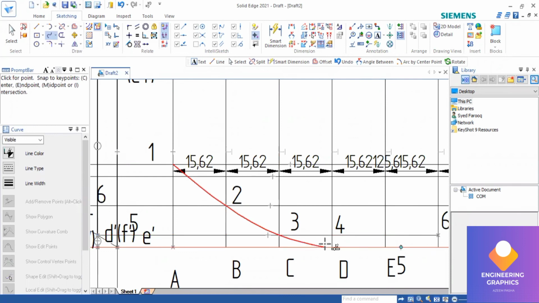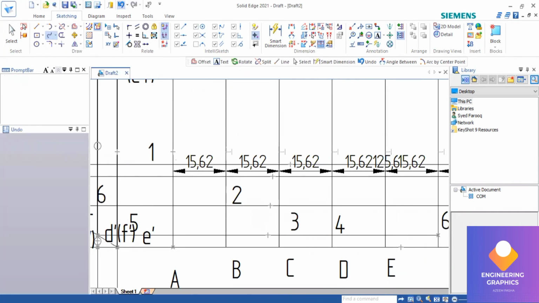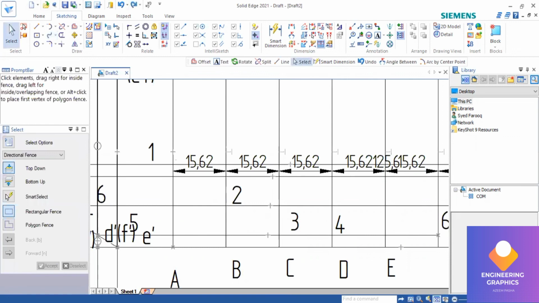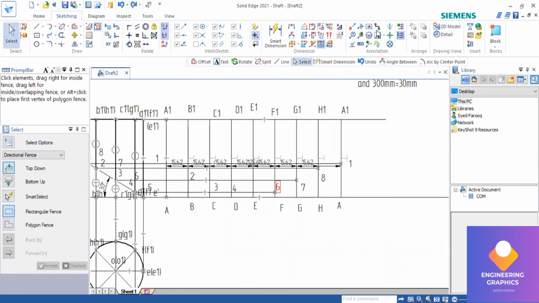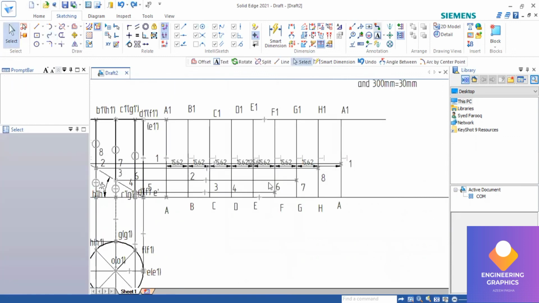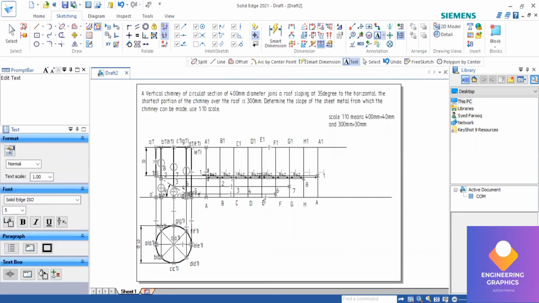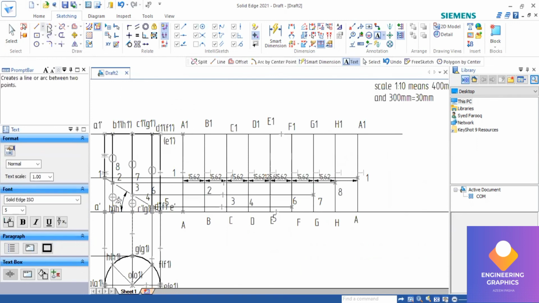Okay, I think I will redraw it again. So I'll be starting from 1 here.